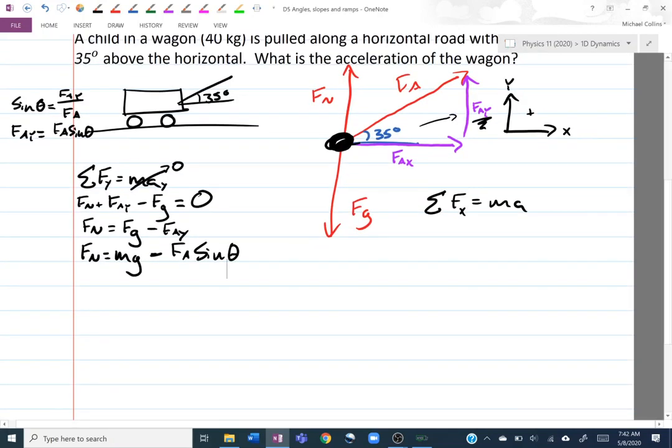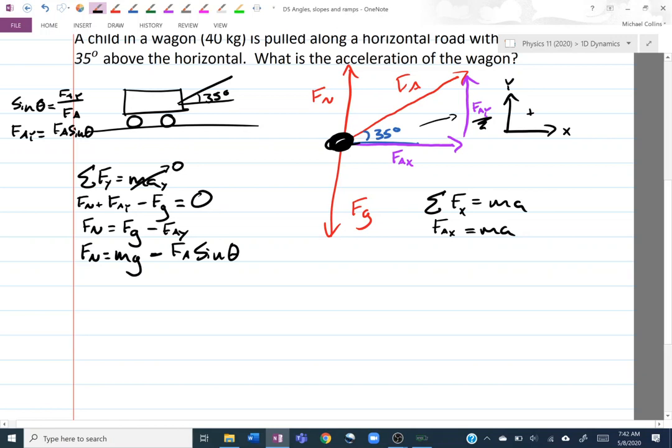Fx is ma. So now I'm going to go back and look at, I'm stumped there. I could actually probably find the magnitude of my normal force, but I don't have an acceleration there. So I'm going to go back to my x-plane. Fn isn't really helping me get to an answer right now. In my x-plane, I only have one force, and it is in my positive direction. So I'm going to write Fax is equal to ma.